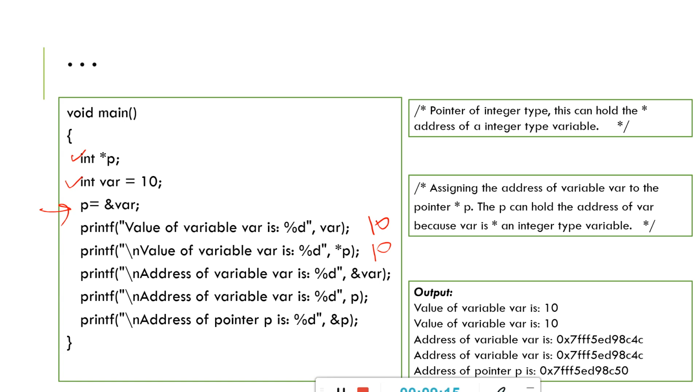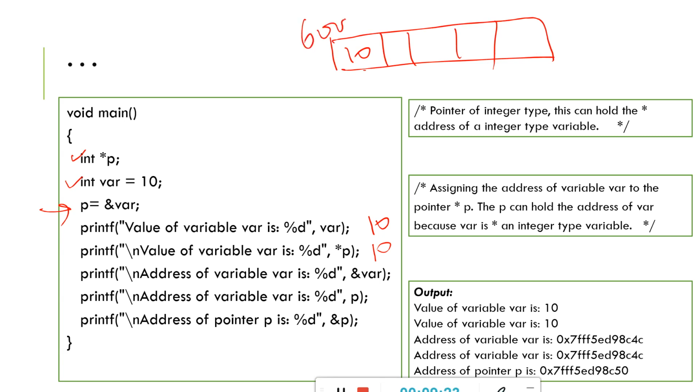What will this output, again understand this. 10 is stored here. Let's suppose the address of 10 is 6000. So here it is printing the address of the variable. So technically it will print 6000.